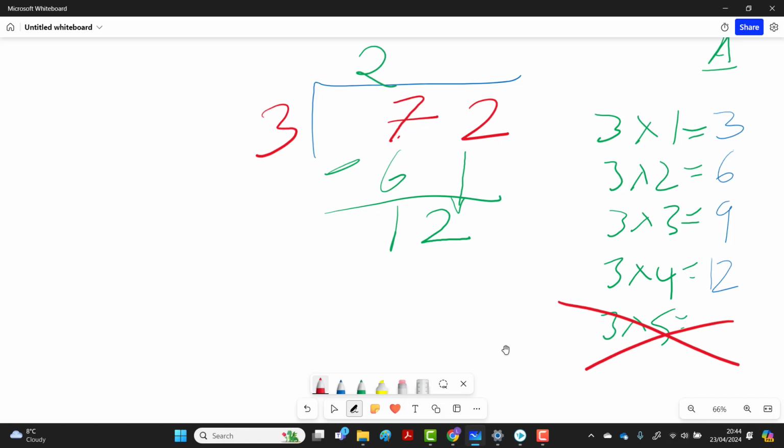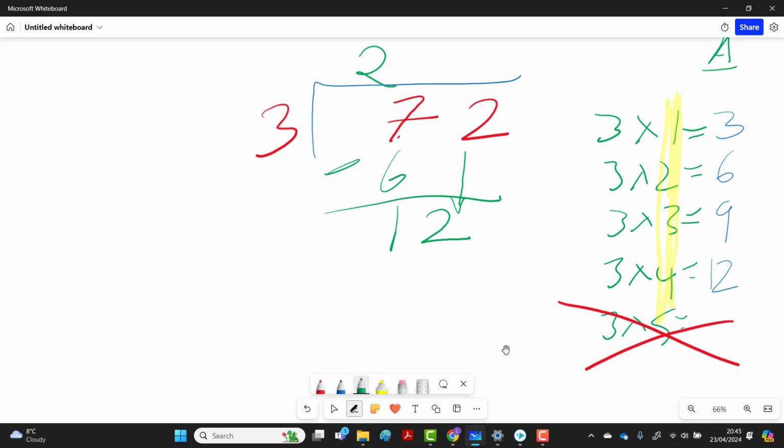Now, because we can use 12, so 3 times 4 is 12. So again, I use this highlighted column in yellow. How many 3s go into 12? It's 4.